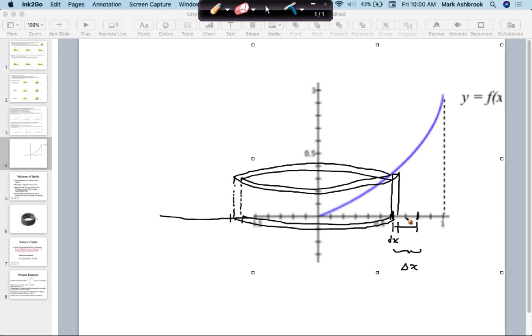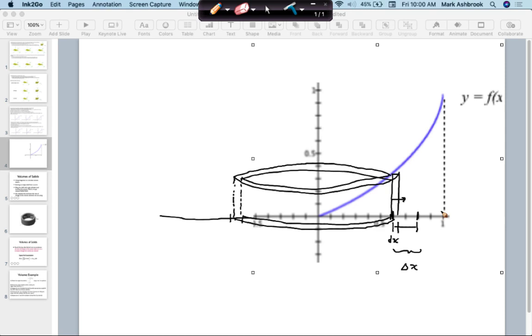So x is our independent variable. X is increasing through delta x intervals. For this particular situation, when dx increases, is the radius changing or the height changing or both of this typical cylinder in the current interval? We have the cylinder in the current interval.